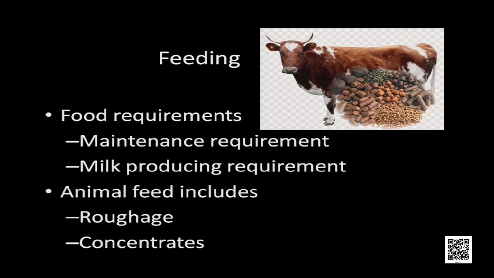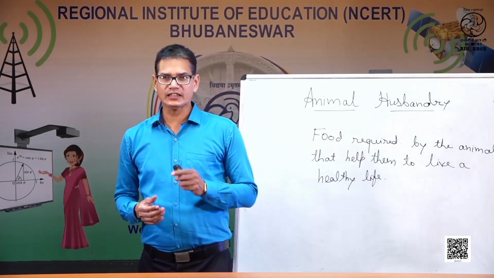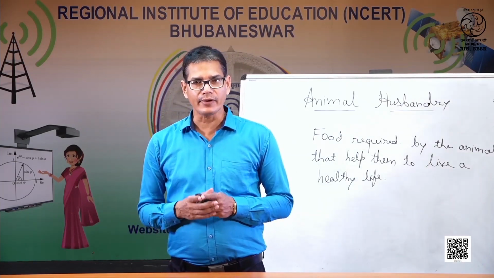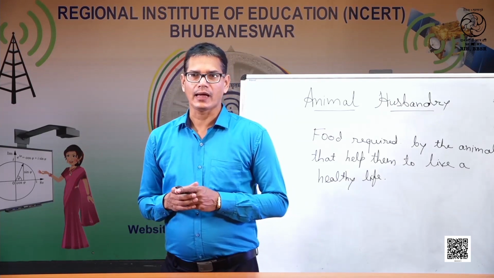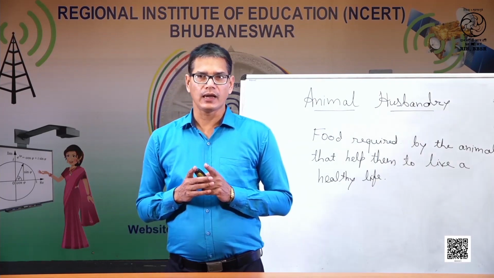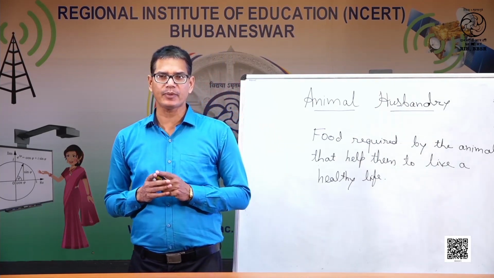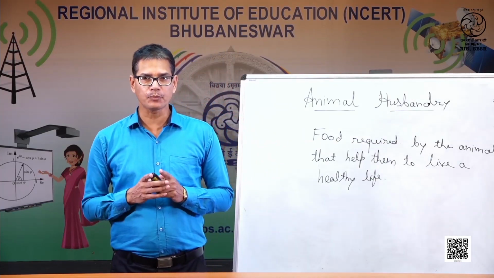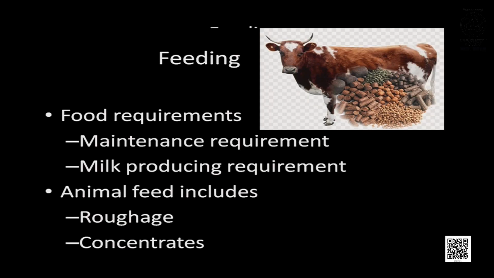And second requirement is milk production. That means this food is required for producing milk during lactation period, and these requirements are different. During lactation period, the animals require more protein, food that is rich in protein and fats. And animal feed also includes roughage. Roughage means the food that is rich in fibers, and concentrates.